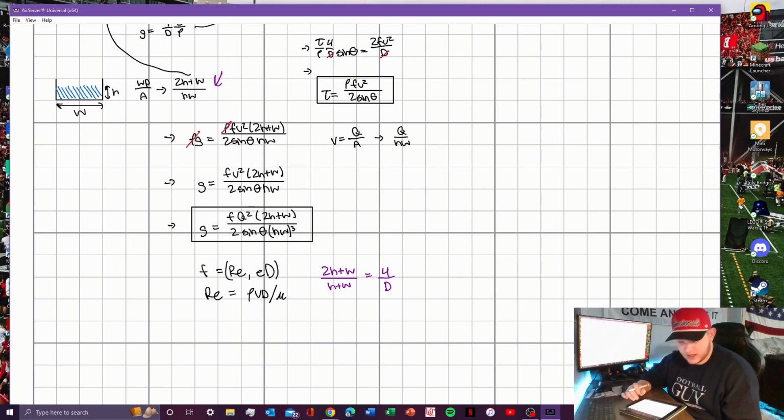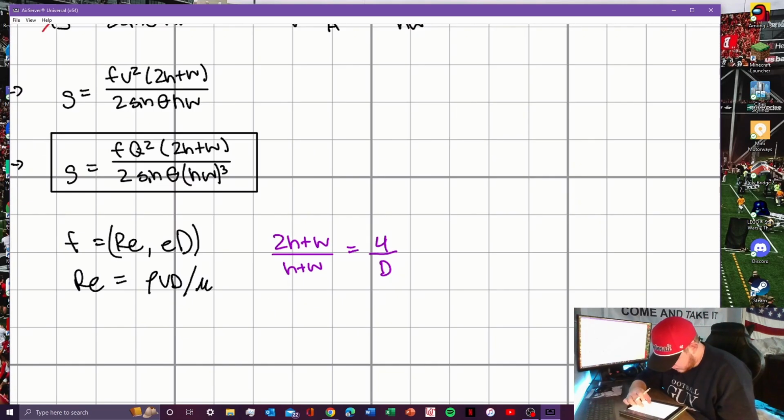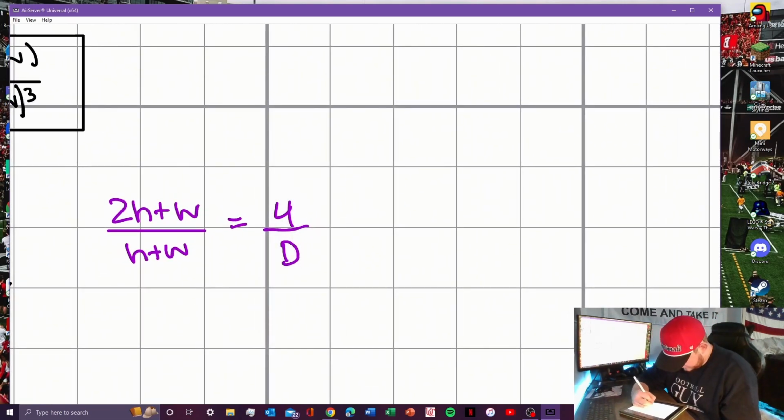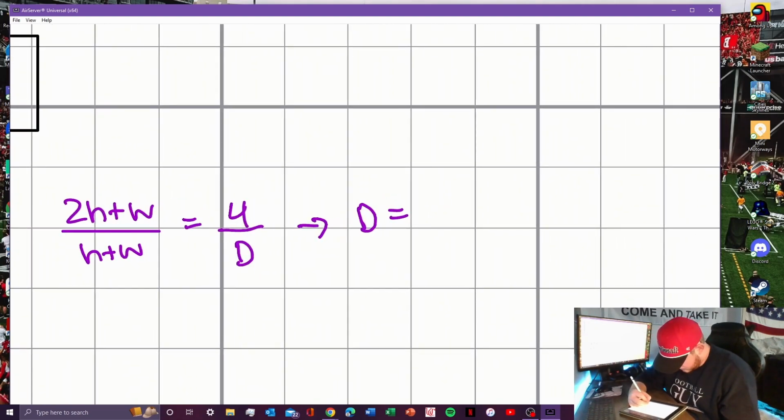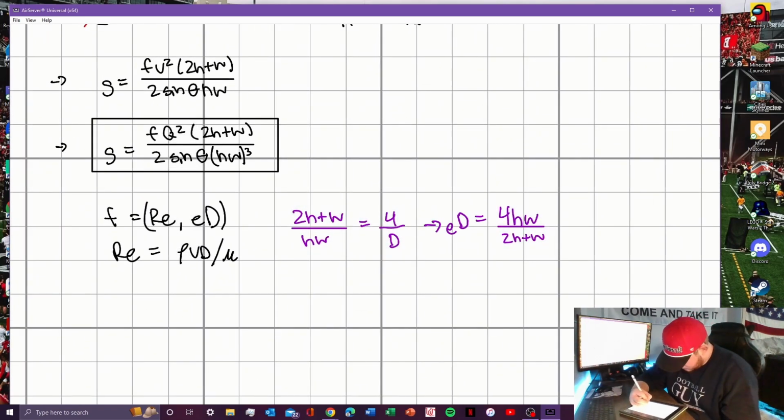If we solve for D, we flip some stuff: that's going to be 4HW over 2H plus W. That is our equivalent diameter that we need to find the friction factor.